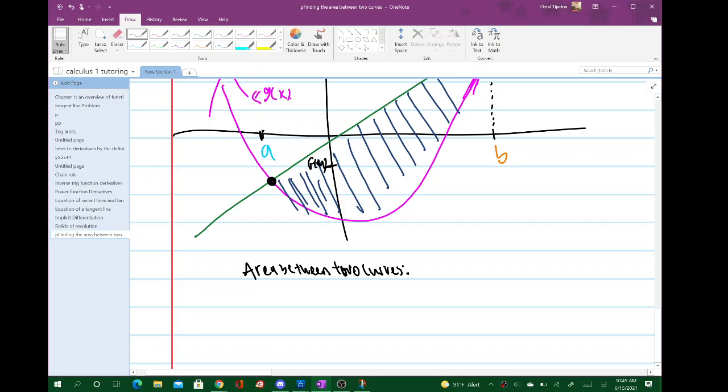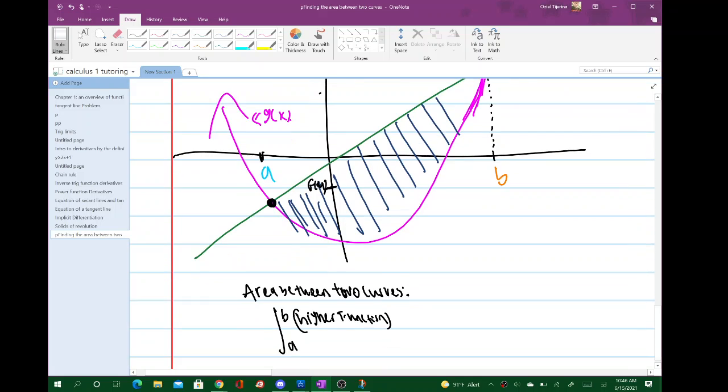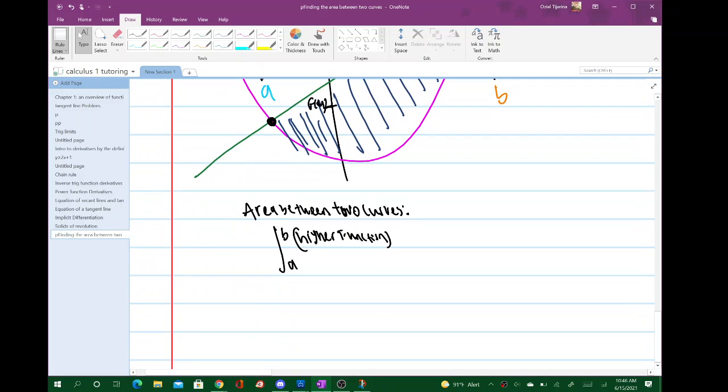It is the integral from a to b of the higher function. What I mean by higher is the above function, the one that is on top of the other one.